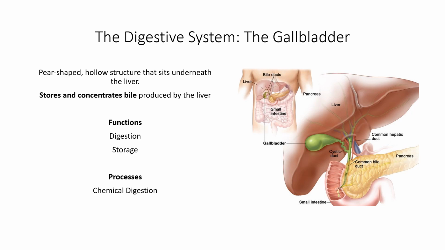So the liver will produce the bile, and the gallbladder will store it and concentrate it to make it a stronger substance, essentially. The main functions here are digestion, as it helps in storing that chemical digestion element produced by the liver and then used in the small intestines, and storage, as it stores it. The process involved is chemical digestion.